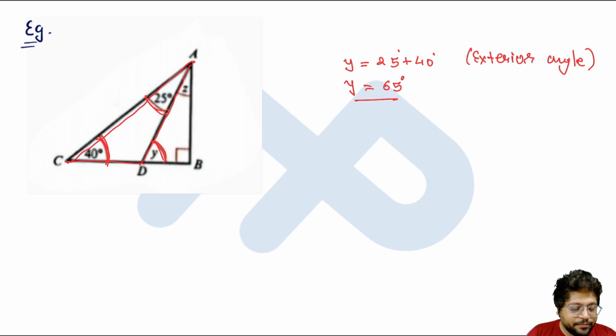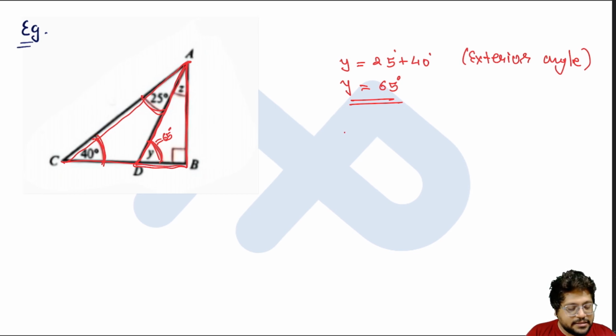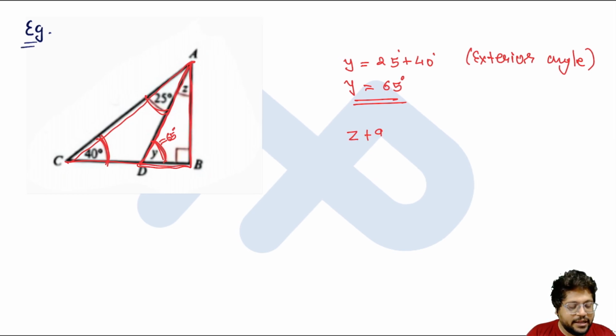Clear? Now as we already have found the Y, using the angle sum property in the triangle ABD, you can find Z. So in triangle ABD, Z plus 90, which is the angle B, plus Y is equal to 180 degrees. Reason is angle sum property. So this Y we have already found. Let's replace that.